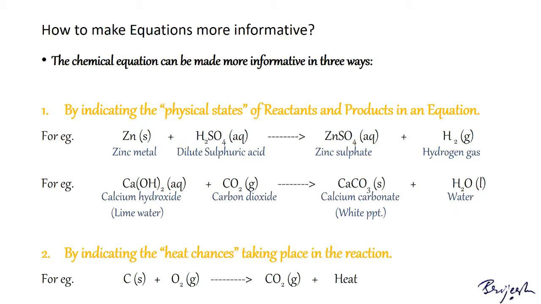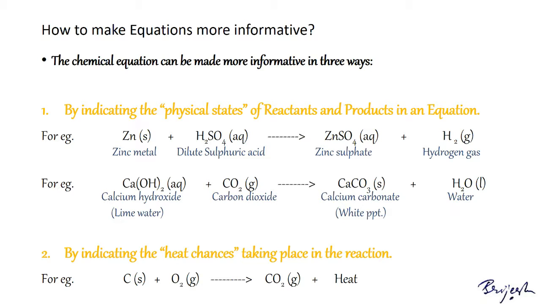Hence we write H2SO4 (aq). Zinc sulfate is an aqueous solution again, so we write ZnSO4 (aq). And hydrogen is a gas, so it is written as H2 (g). So the equation can now be written as Zn(s) plus H2SO4(aq) gives ZnSO4(aq) plus H2(g).